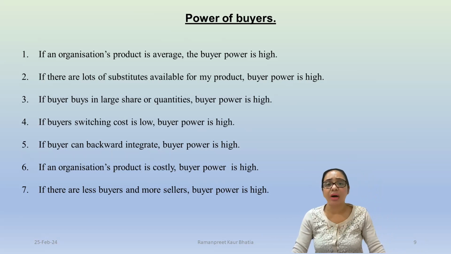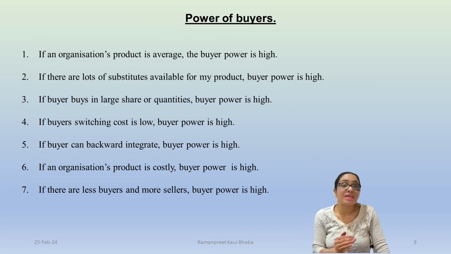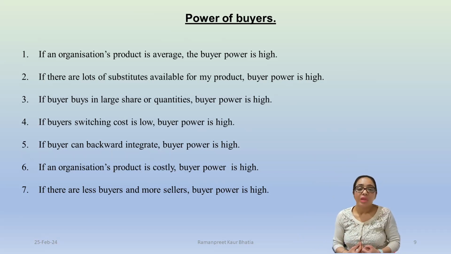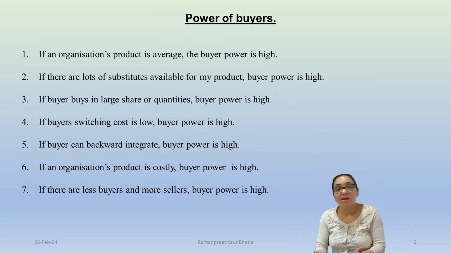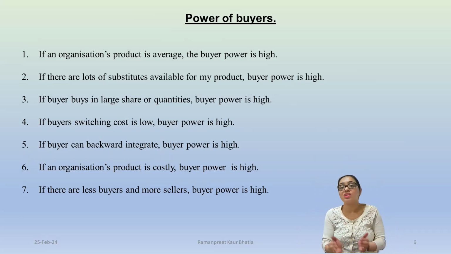Next point is, if the buyer buys a large share of my product, then that buyer is important for me. His power is high. Again, we can quote the example which we did for the power of supplier. If the buyer is buying about, say, 600 kgs out of the 1000 kgs that I'm selling in a day, that means the buyer is buying a large share of my total sales during the day.